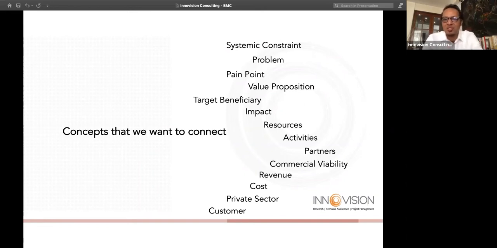We are trying to find a solution to the systemic constraint. We're dealing with the issues of problems. We are trying to define value proposition. More often than not, you're asked, what is the value proposition?